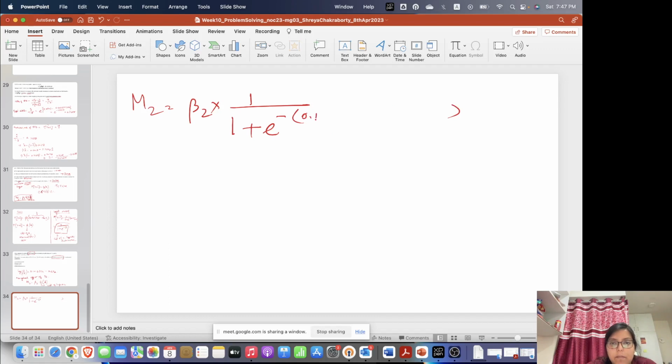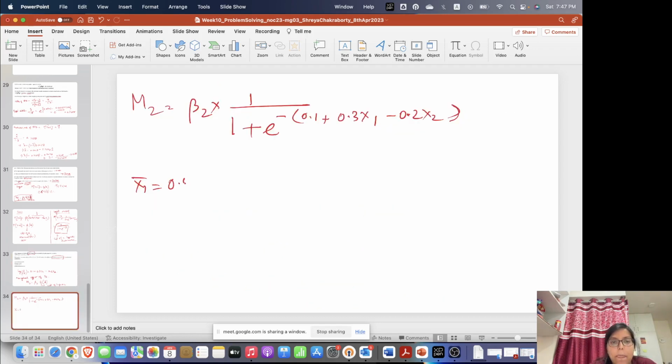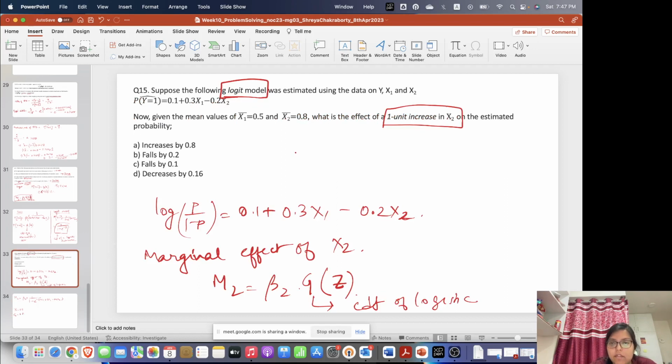So we would have 0.1 plus 0.3 x1 minus 0.2 x2. Now we have been given x1 bar, the average, as 0.5 and x2 bar is 0.8.